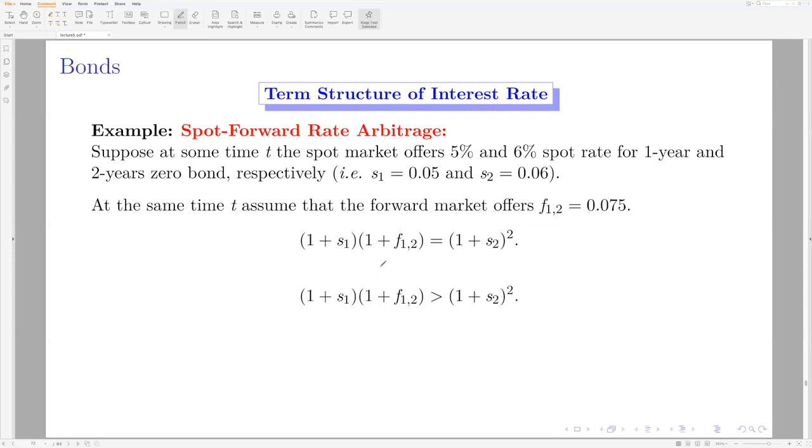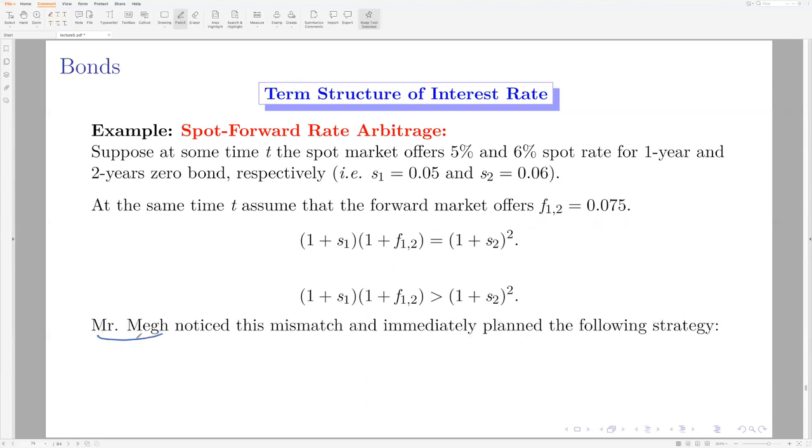Thereby, you can see that the left hand side is greater than the right hand side, right? It means the market forward rate deviated from the comparative principle. Let us see what happens if the market forward rate deviates from the implied forward rate.